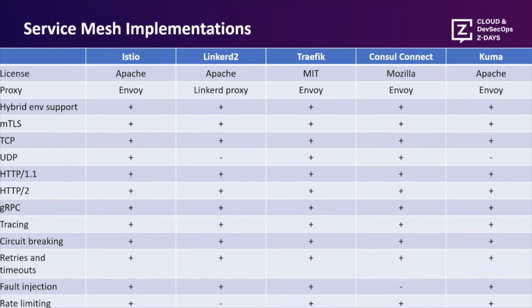Some will support OpenTracing, some will not. Some will support Jaeger, some will not. So if you have requirements on that, if you're already using some solutions for distributed tracing, you will need to go deeper. And the same applies to all other features here.